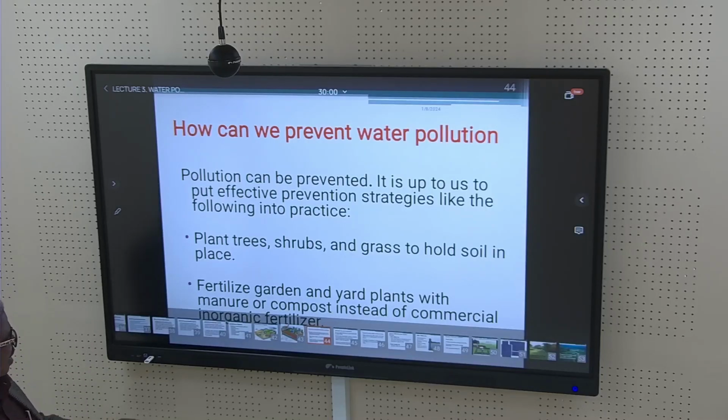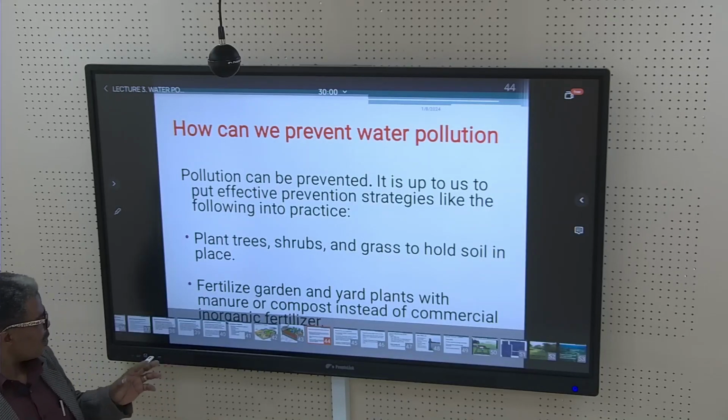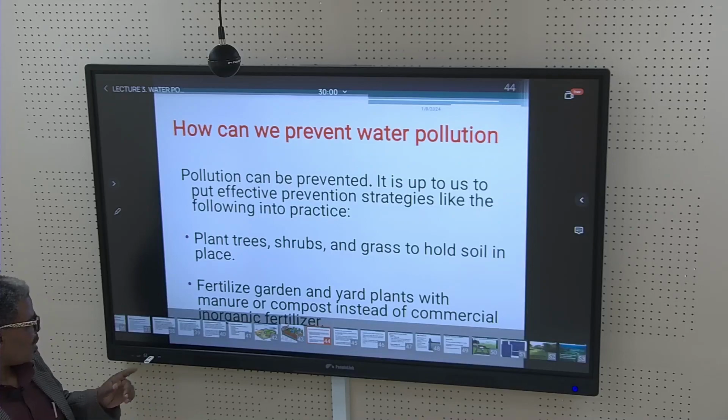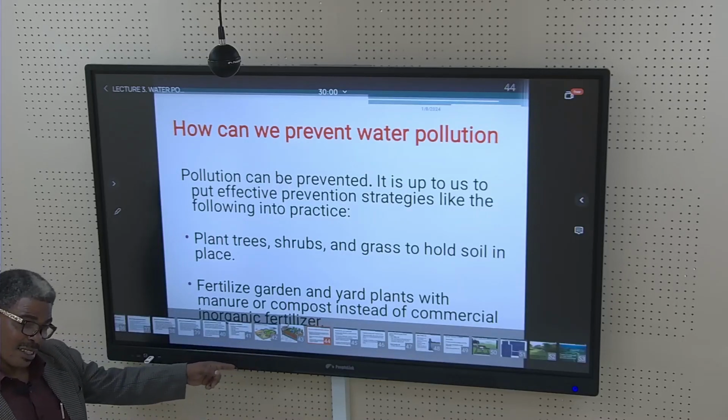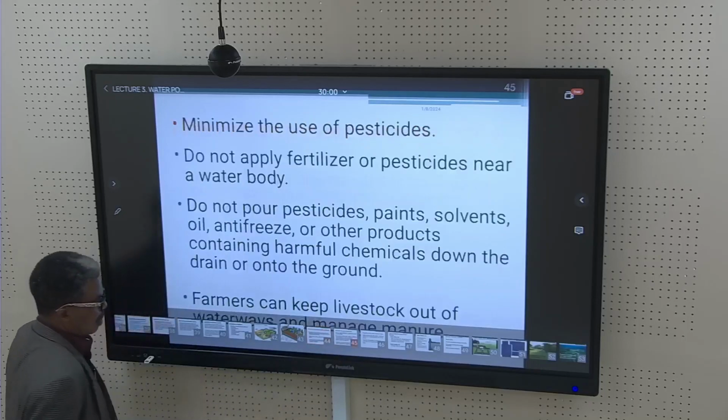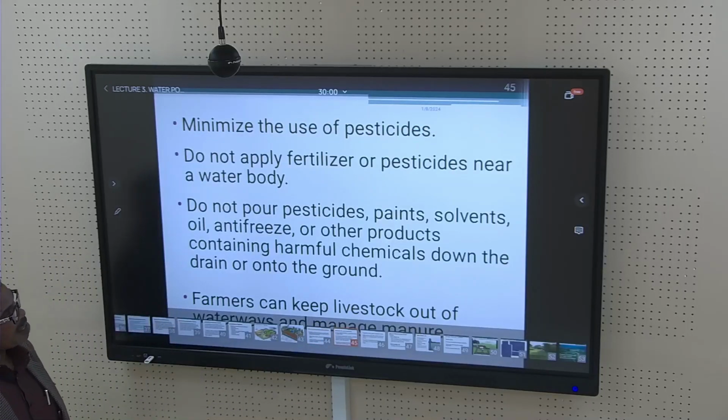Fertilize garden and yard plants with manure or compost instead of commercial inorganic fertilizer. Minimize the use of pesticides. Do not apply fertilizer or pesticide near a water body, the water source.